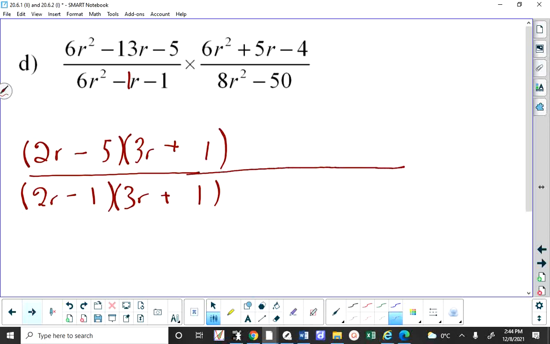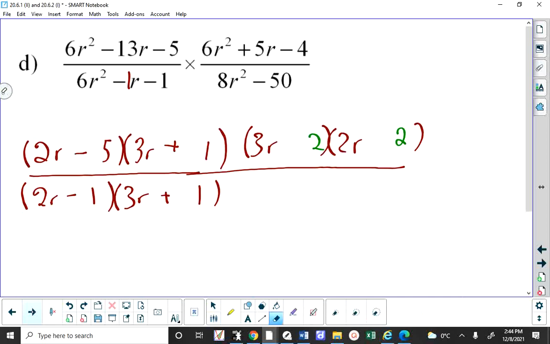Over here, we again have probably 3r and 2r. Okay, if it's 3r and 2r, then the 4 cannot be a 2 and a 2, because if you're going to factor the 4 into 2 and 2, you'll be forced to add a 2 with the same binomial that 2r is in, creating a common factor of 2, and there wasn't a common factor of 2.